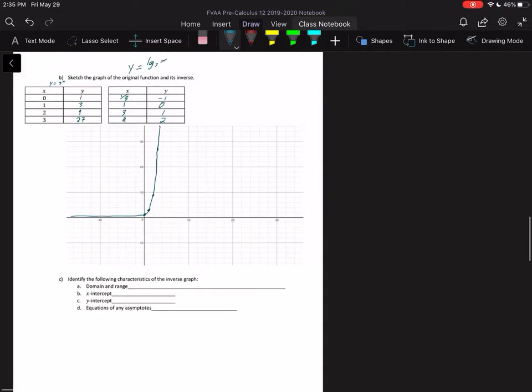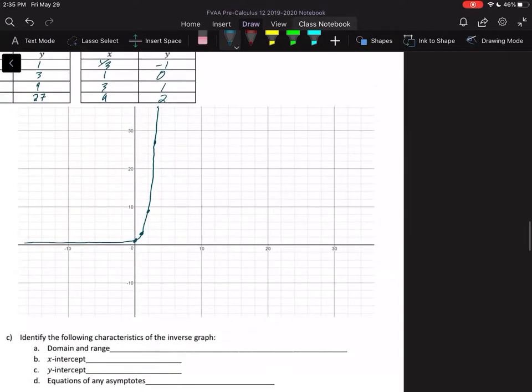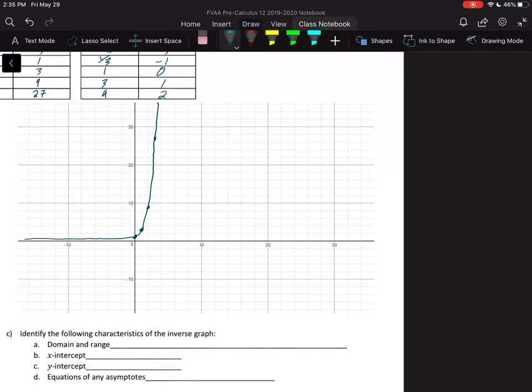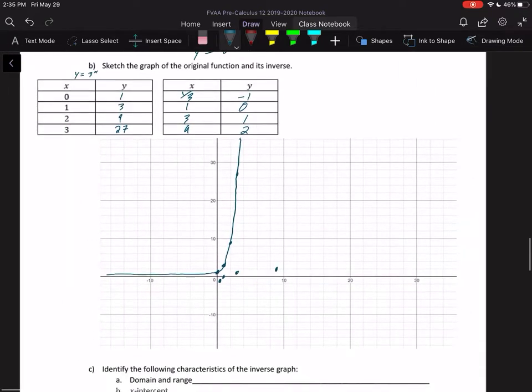So these would show up. So (1/3, -1) would be something here. Then (1, 0) would be here. Then (3, 1) would be here. And (9, 2) would be here. And then we can even go (27, 3) would be another point that we could put on this.